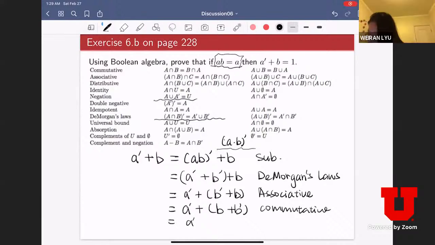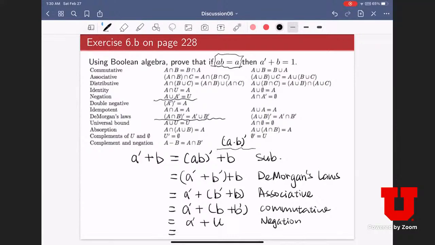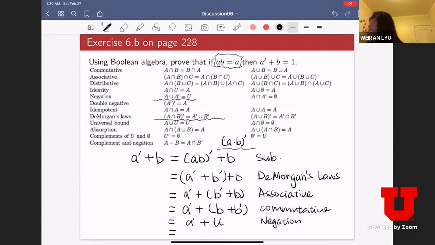And then we can use the negation. Although it'd be A naught plus one. Yeah, sorry. So using the Boolean algebra, the universe is going to be just one.